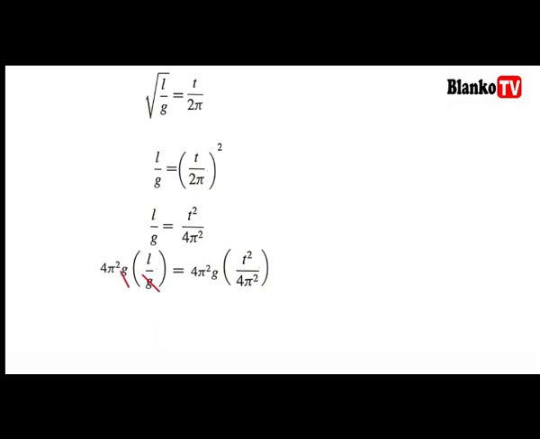So G cancels G, 4 pi square will cancel 4 pi square. So we have 4 pi square L equals GT square. This can also be written as GT square equals 4 pi square L.